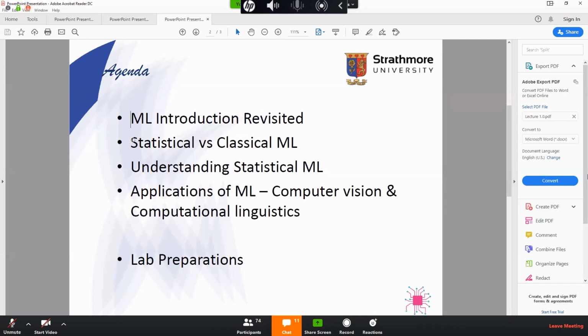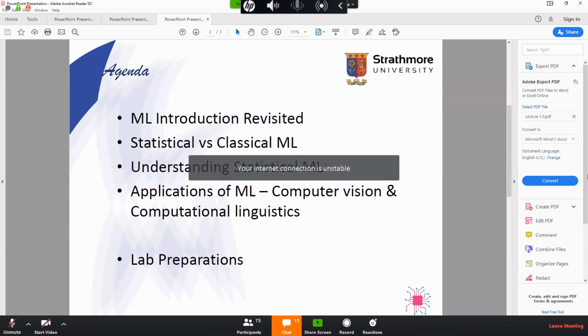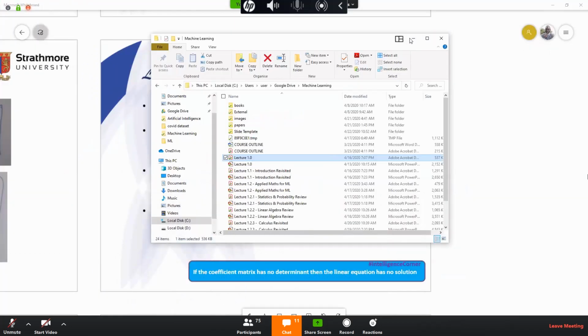Then we are revising. No, we checked learning, understanding statistical machine learning. So we are currently here, and to be able to understand statistical machine learning, we are doing some revisions. So be that as it may, we have already talked about statistics and probability.